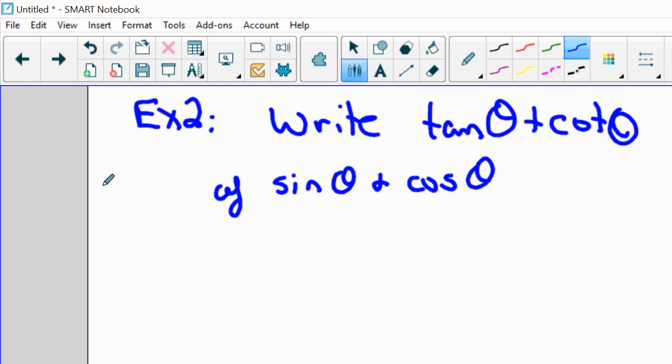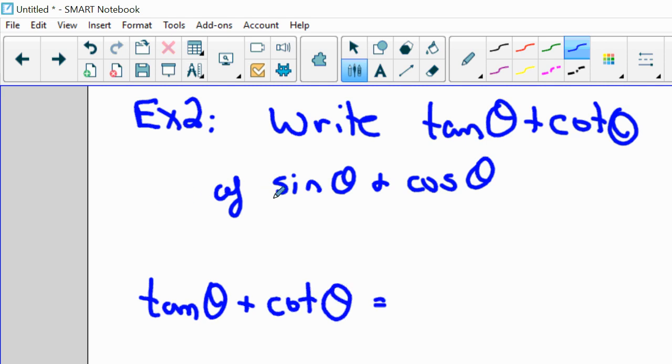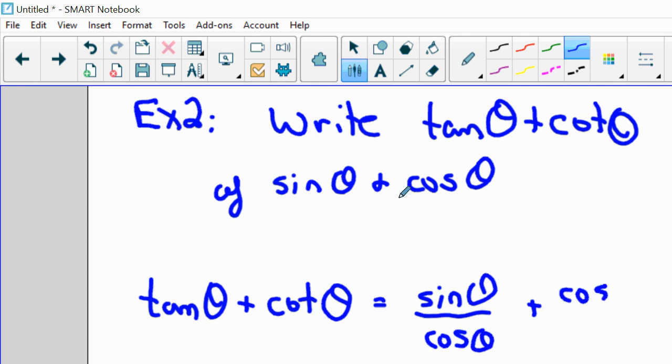All right, so tangent theta plus cotangent theta equals sine theta over cosine theta plus cosine theta over sine theta. And technically we're done. Tangent and cotangent are now sines and cosines. But now we need to simplify.